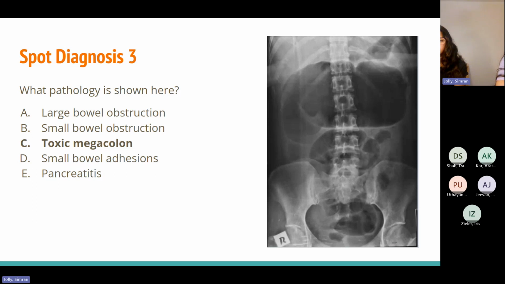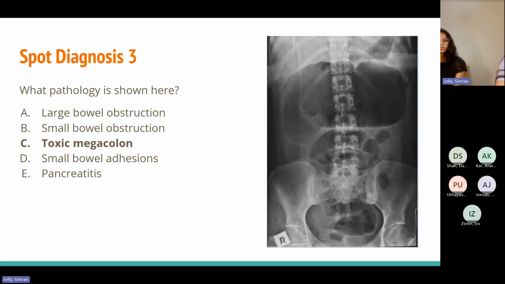Toxic megacolon is an obstructive pathology, like small or large bowel obstruction. It's more to do with toxins that cause inflammation and damage to one of the layers of the gut. This causes colonic paralysis, and that is what causes the dilation rather than an obstruction. The reason this condition is important is because it can put a patient at risk of perforation.